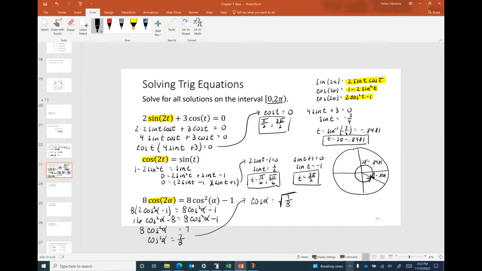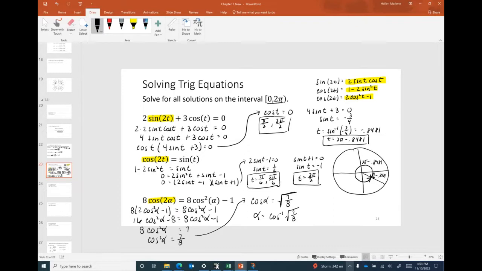All right, but we want alpha, right? We don't want cosine of alpha. So we'll use our inverse function here. Alpha then is going to be inverse cosine of square root of 7/8.